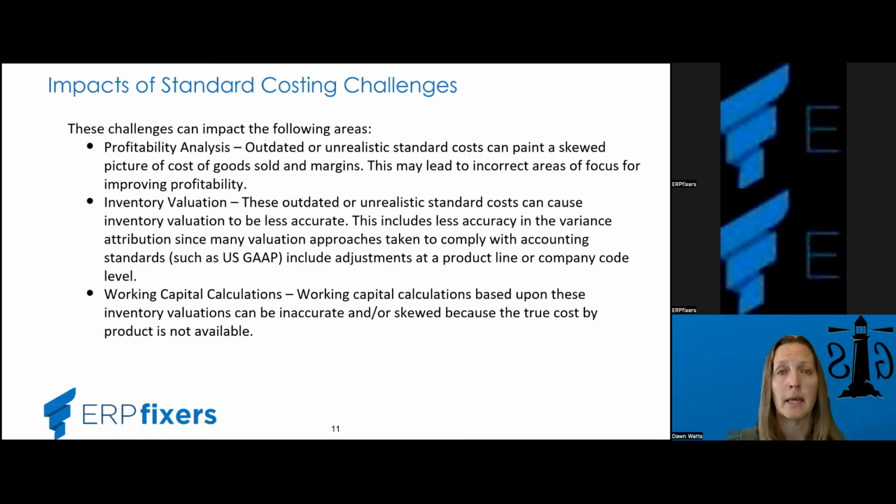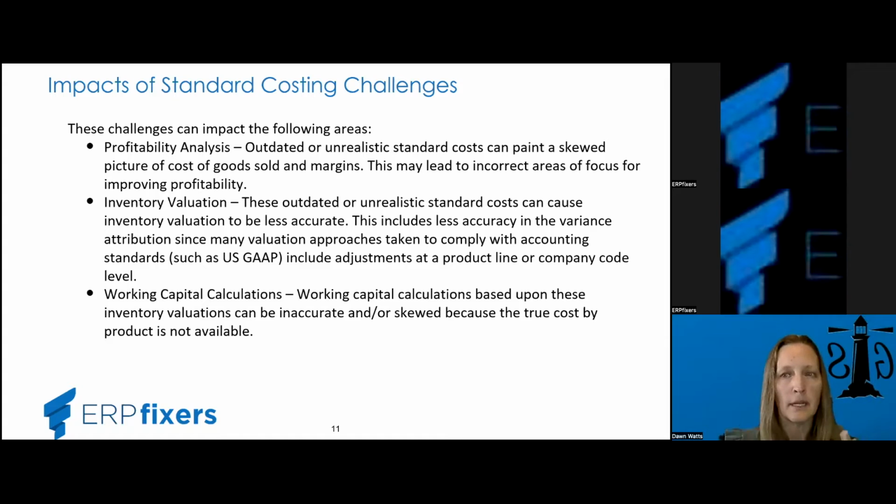Are you capitalizing them at a product line level? Where is that happening? Because wherever you capitalize that, that's where that value is going to sit. And then as you're running a profitability analysis, you're only going to get that true picture, or as close to a true picture as possible, at the level that you capitalize those variances and amortize them.